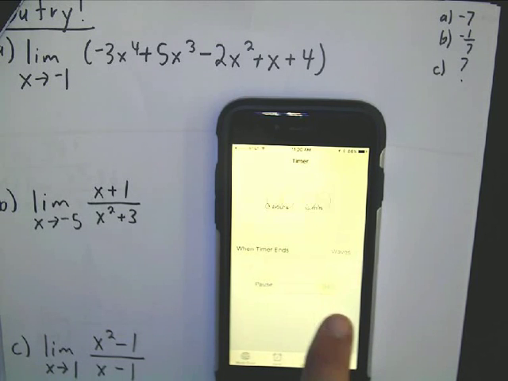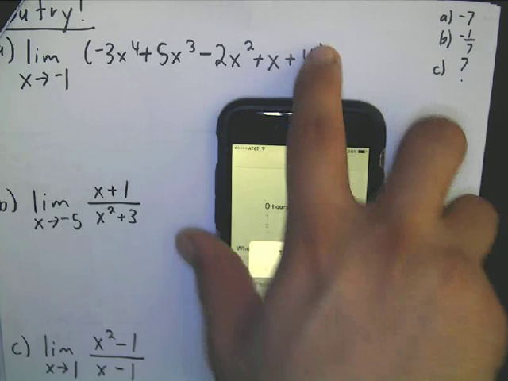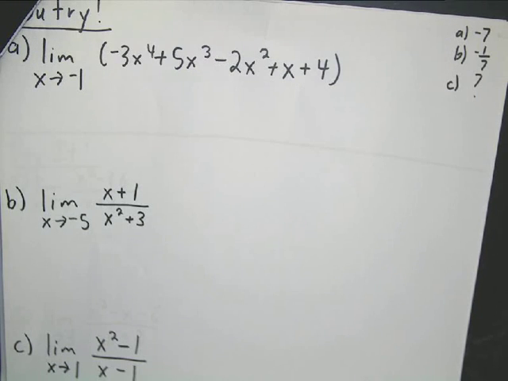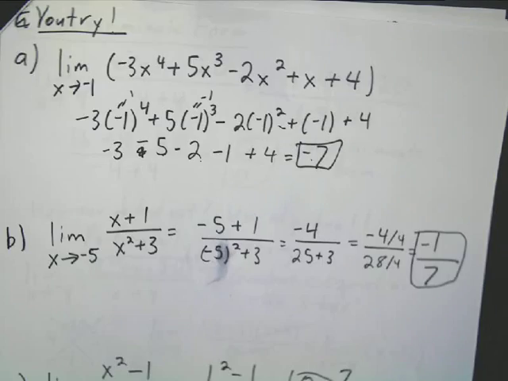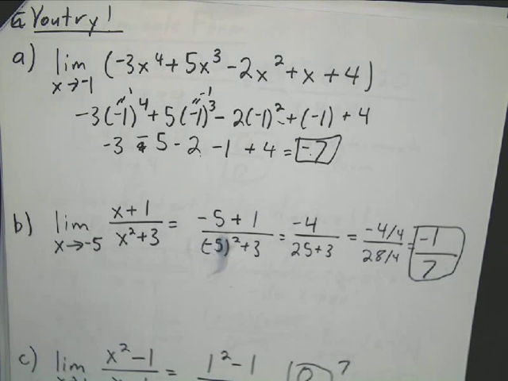All right, let's get started. Let's look at the first one. It's kind of interesting, because if I take -1 to different powers, 1 to any power is always what? 1. What about -1? It's either 1 or -1 depending on whether the power is even or odd.